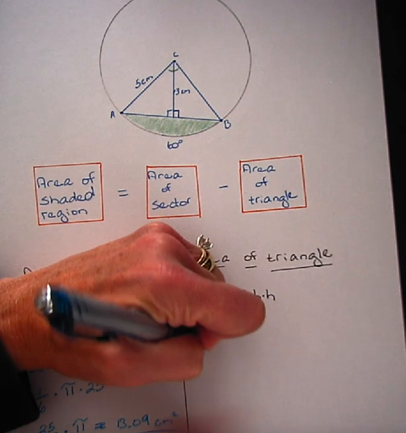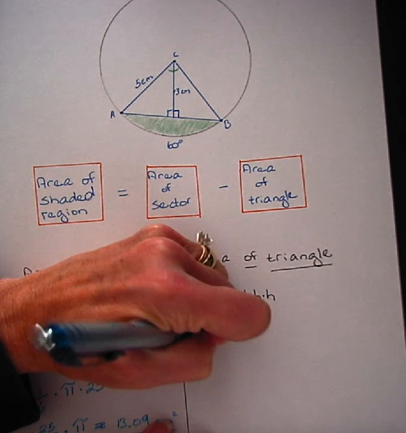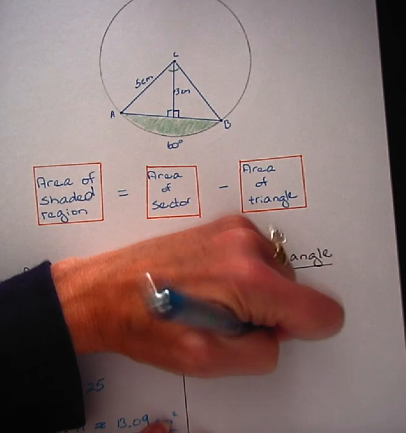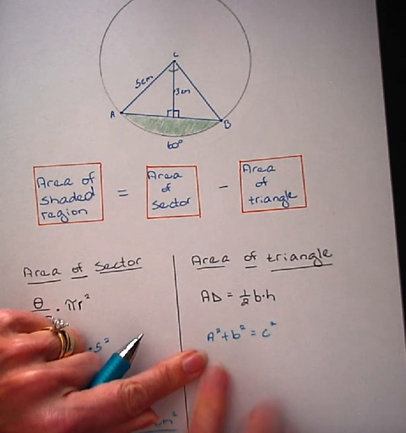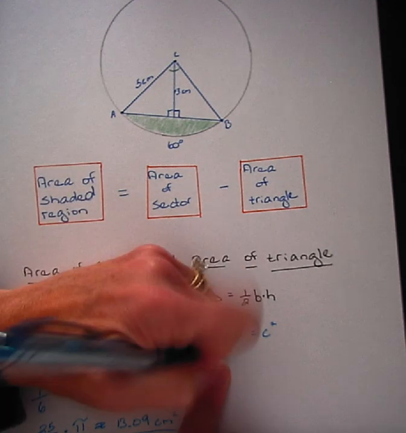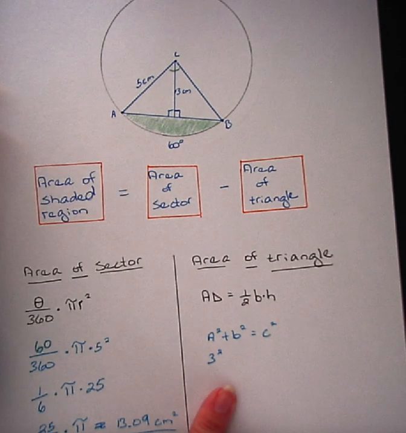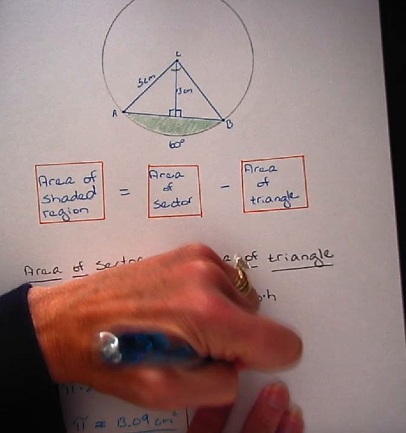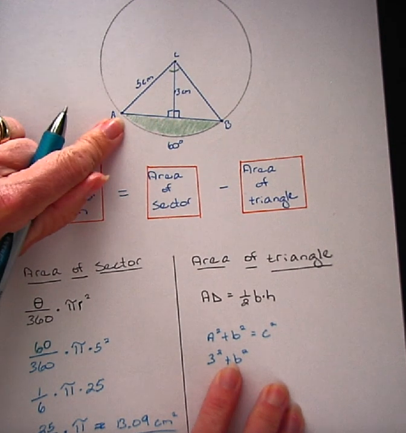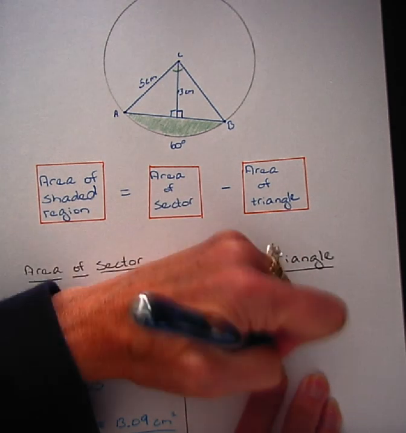So remember, the Pythagorean theorem is a squared plus b squared, those are your 2 legs, equals c squared, which is your hypotenuse. So we'll call this leg right here 3. We'll call that our A leg. Our B leg would be this leg right here, and we know our C is 5.